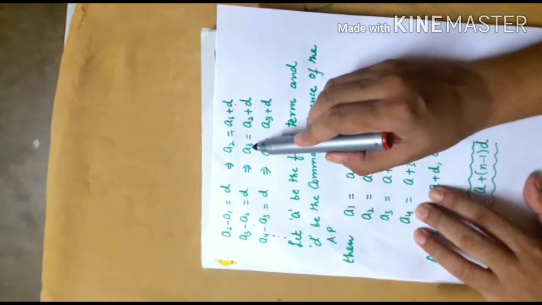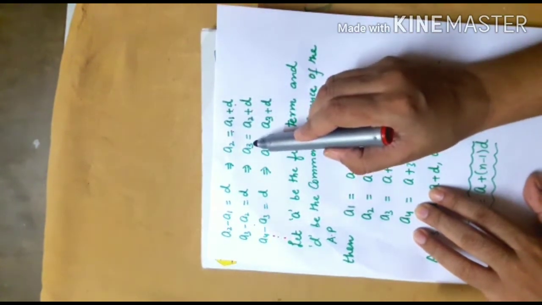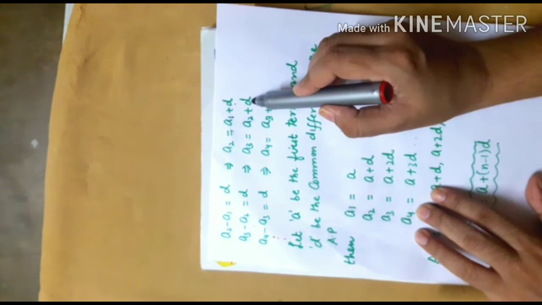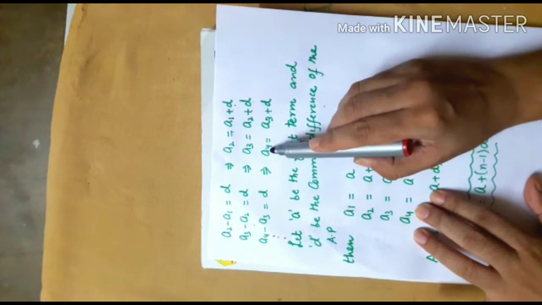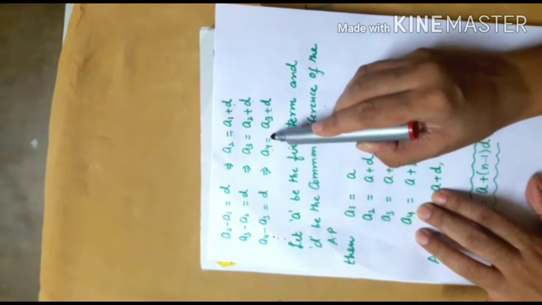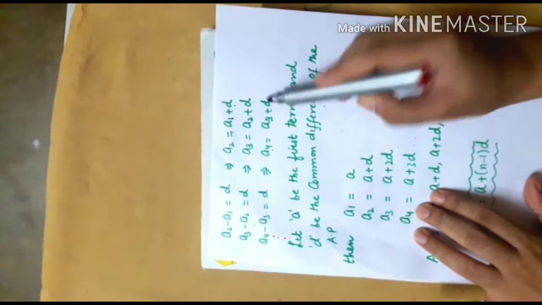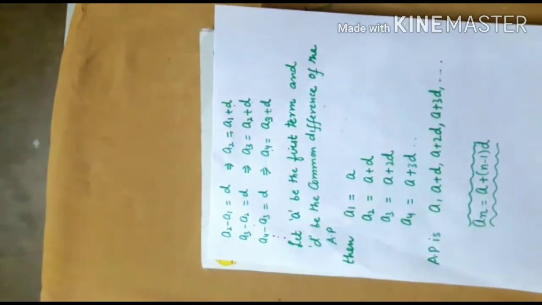Similarly, A3 is equal to A2 plus D, the third term is obtained by adding the common difference to the second term. And A4 is equal to A3 plus D, the fourth term is obtained by adding the common difference to the third term. That means, in an AP, a term is obtained by adding the common difference to its immediately preceding term.